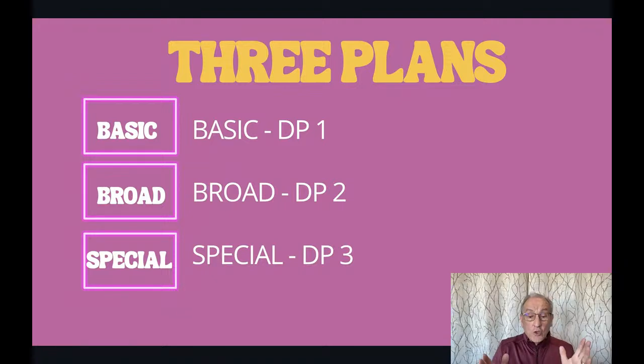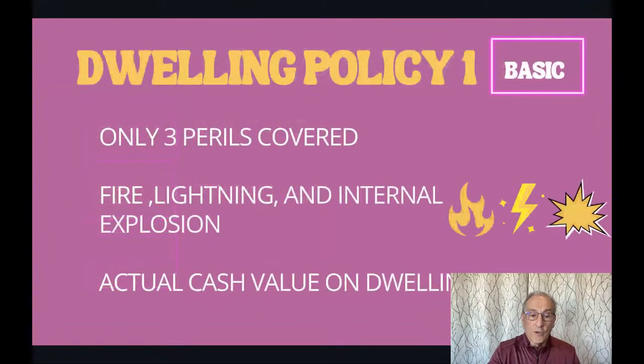I didn't do it that way for this information. I did use flashcards, but I actually had 3 separate sheets of paper. DP1 basic, DP2 broad, DP3 special. And then I would put the details of those policies on 3 separate sheets of paper so I wouldn't mix them up. Again, you guys are going to study the way that works for you.